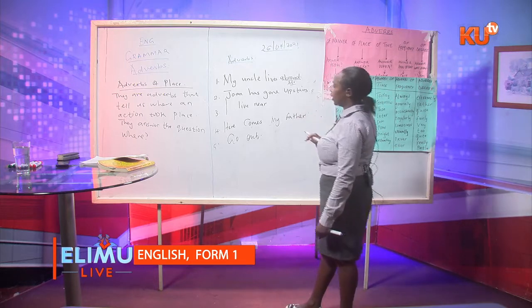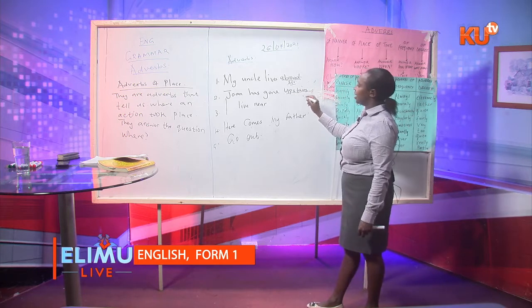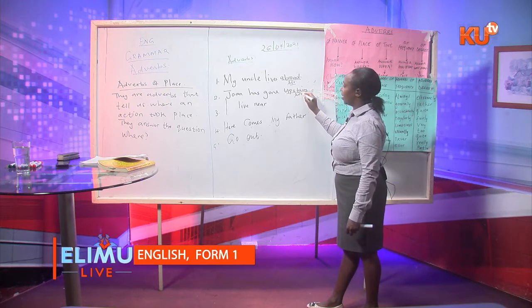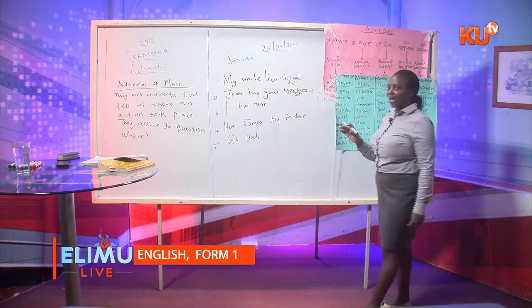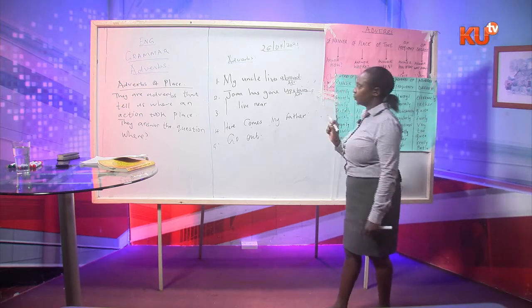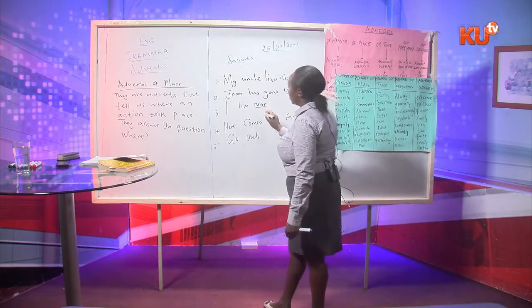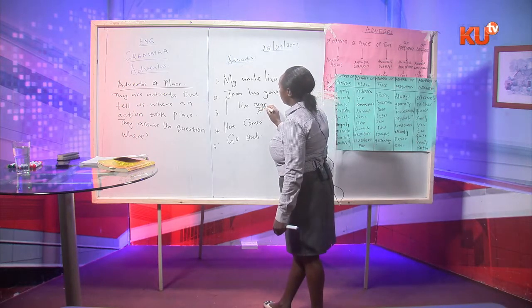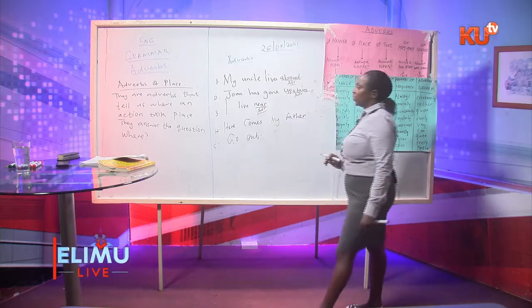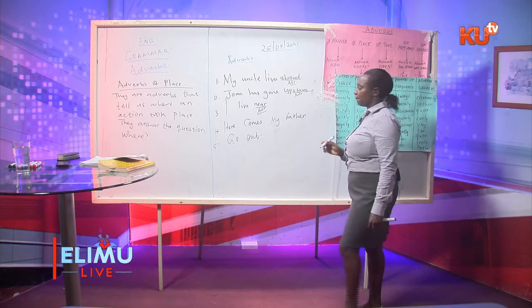Joanne has gone upstairs. Upstairs is our adverb, trying to answer the question where Joanne has gone. I live near. Near is our adverb, trying to answer where I live.